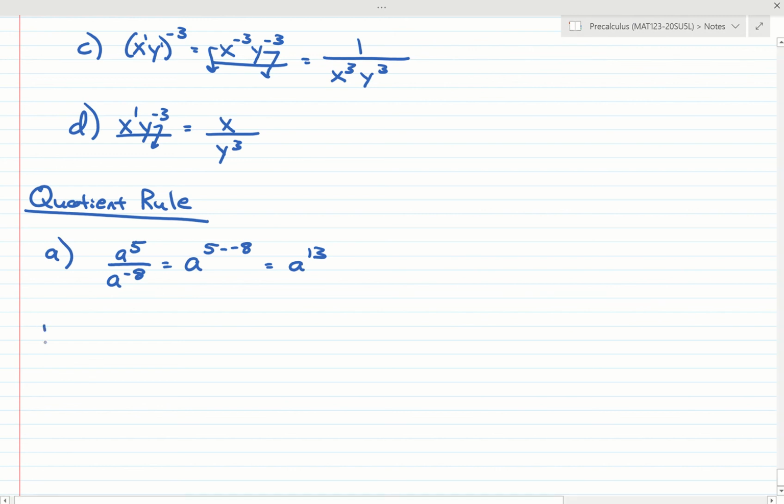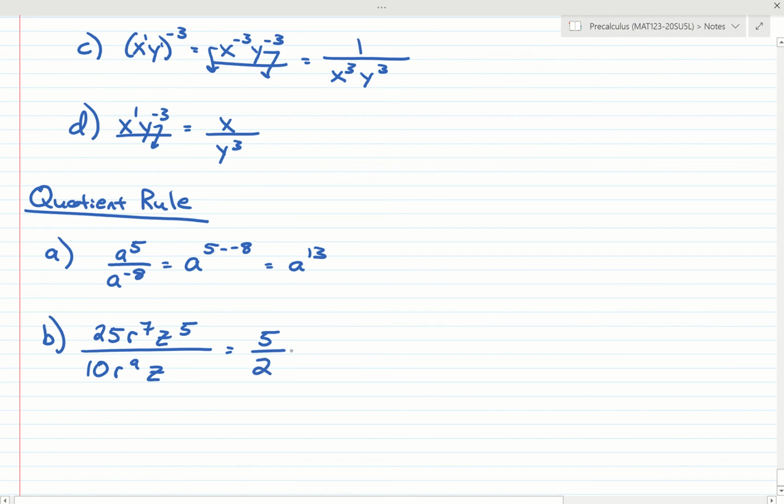Okay, how about this one? Let's say 25 r to the 7th, z to the 5th, over 10 r to the 9th, z. Let's do this one by one, right? 25 over 10, well 5 goes into 25, that's just 5 halves, right?